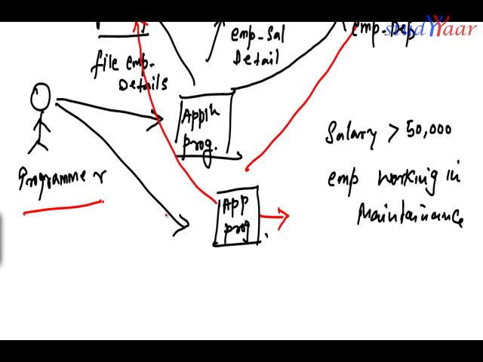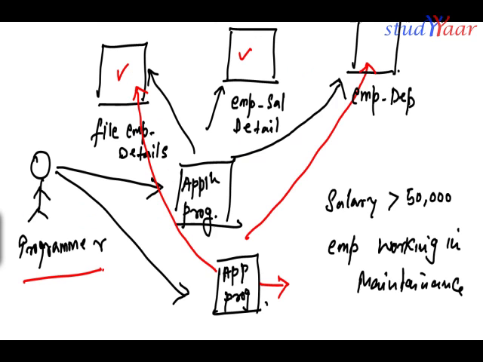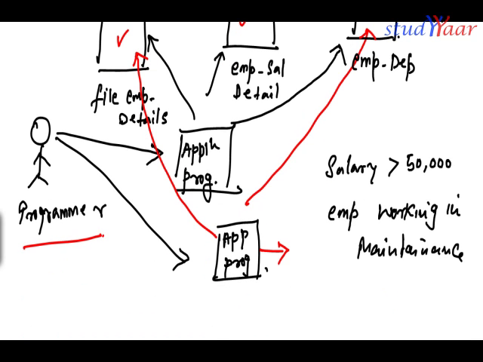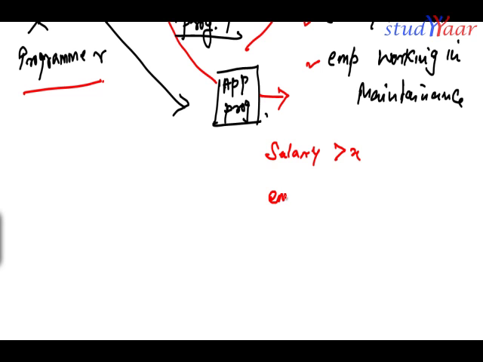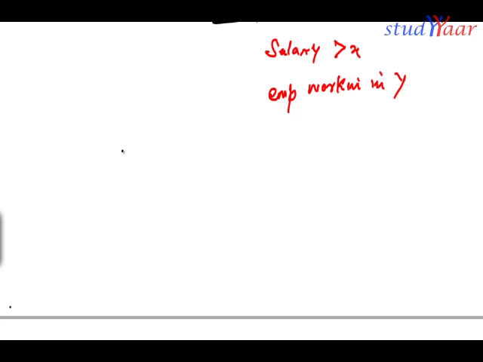Every time a new query is required to be entertained, then this programmer guy has to write a new program. So what this programmer guy does is he realizes that most of his queries are of these 2 types: salary greater than X, or employee working in Y. Okay? So what this programmer does is he creates a new file.